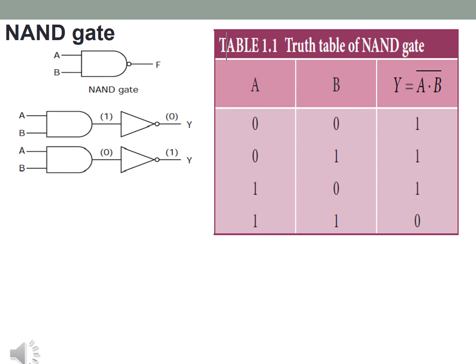See the logic symbol of the two-input NAND gate. Look at your book, take page number 3. A NAND gate can have n number of input lines; for example, a two-input NAND gate.